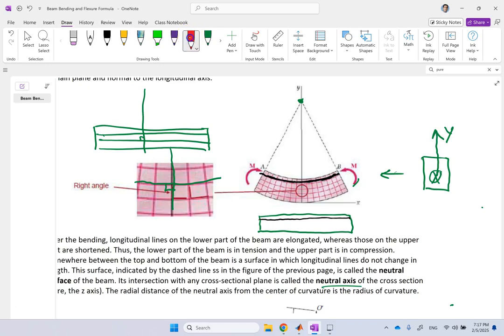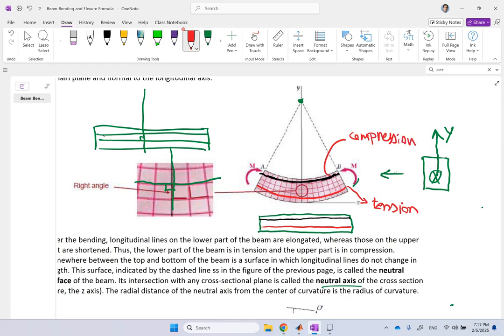There are some other lines at the bottom that, if you track them after the bending, you're going to see they got longer. So there are some areas at the bottom that are under tension and they get longer. There are some areas on the top, in this case, that are under compression and they get smaller or shorter.